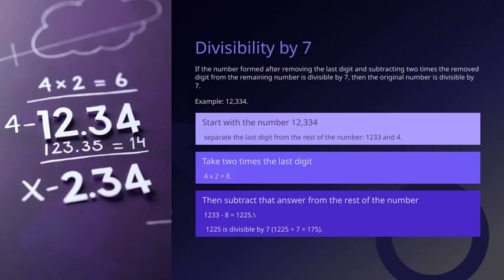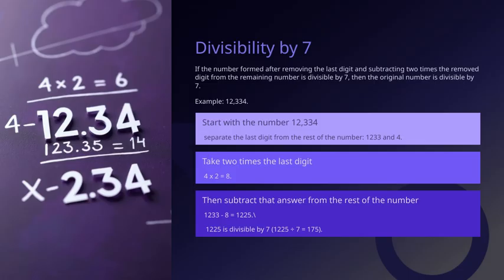Let me give you an example to make this clearer. Suppose we start with the number 12,334. We separate the last digit, which is 4, from the rest, so we have 12,333 and 4. Next, we multiply 4 by 2, which gives us 8. Now, we subtract 8 from 12,333, resulting in 12,325.